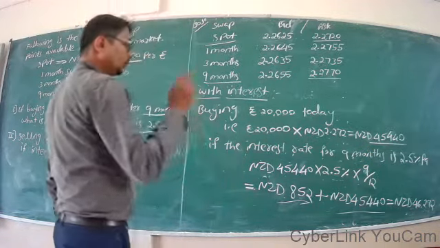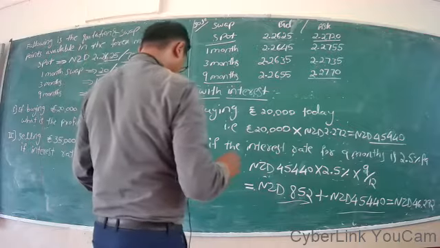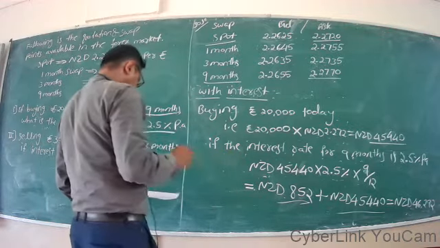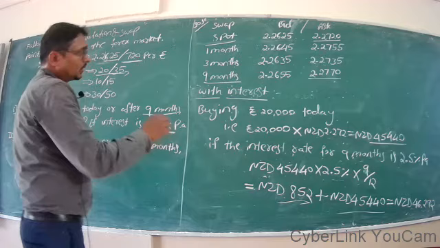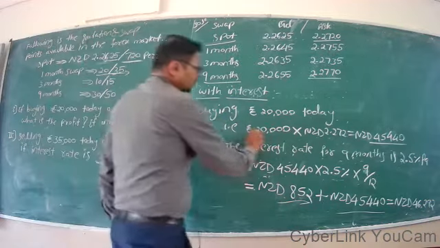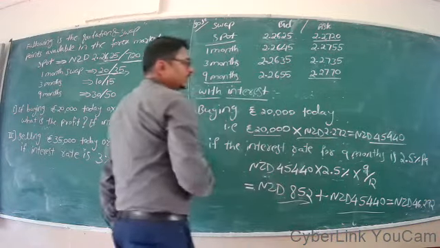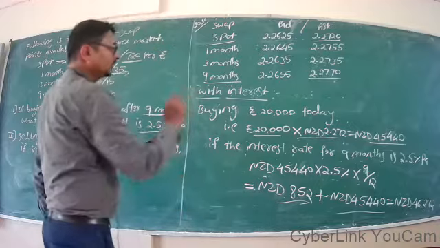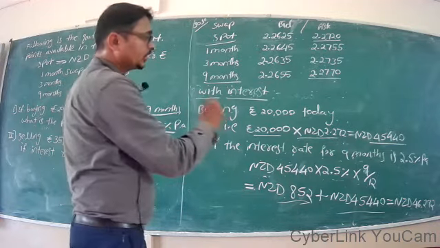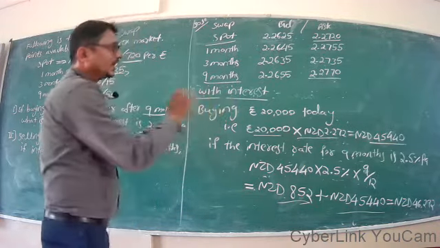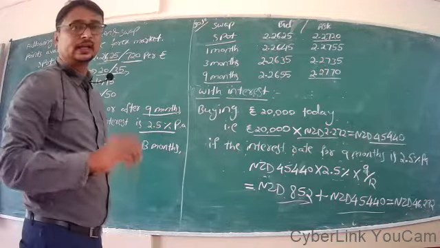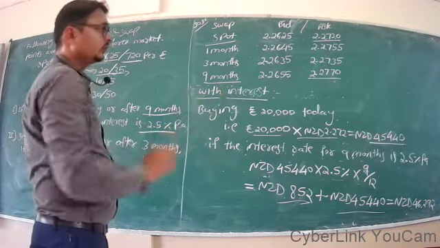Right? So if you are dealing with the spot rate, 20,000 euros, you are buying it at the rate of 2.272, that is 45,440 without interest.